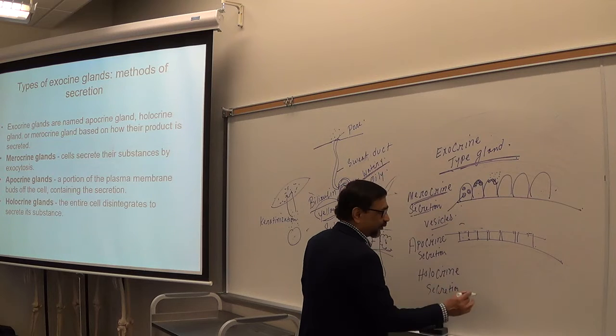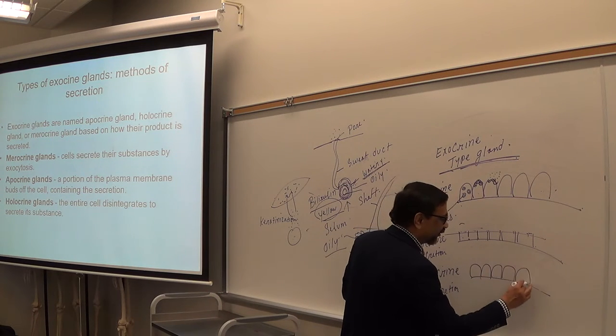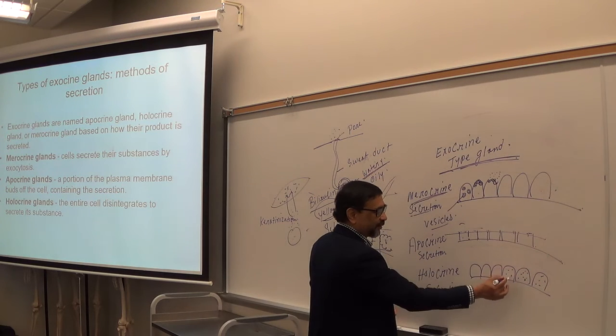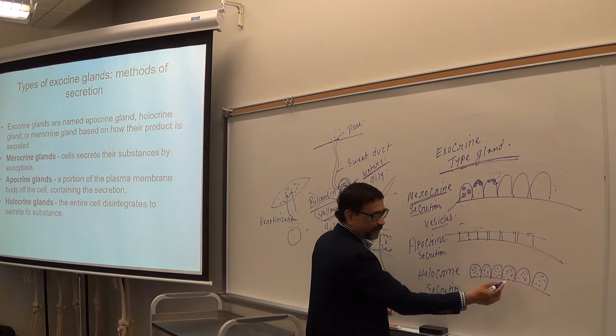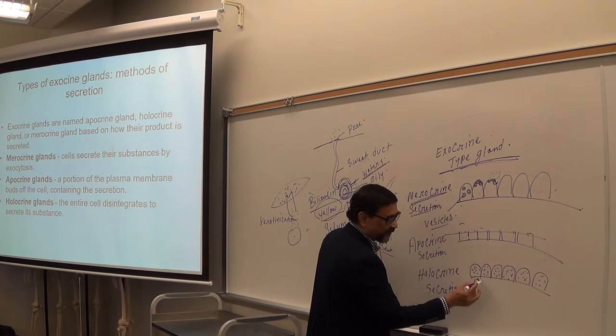Secretion. In this type of secretion, everywhere inside the cell you have the chemicals, and what happens? Under this layer, under these cells, you have stem cells.